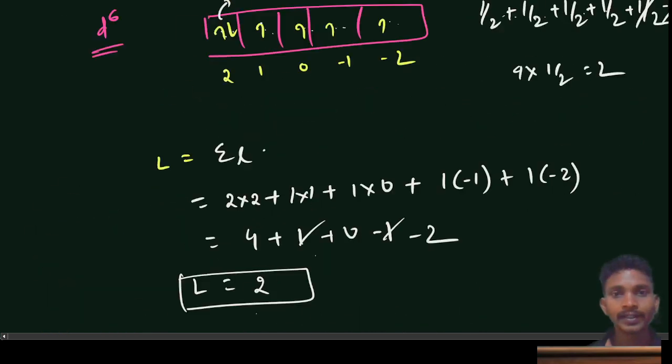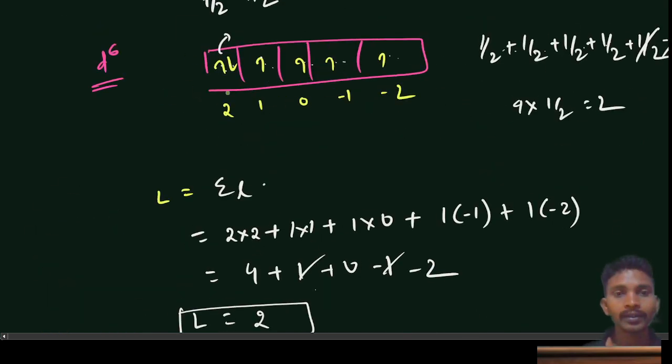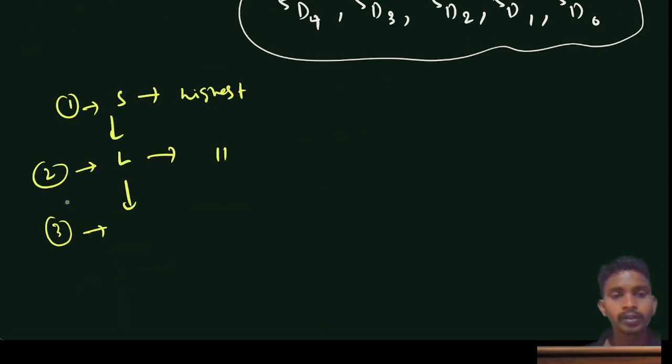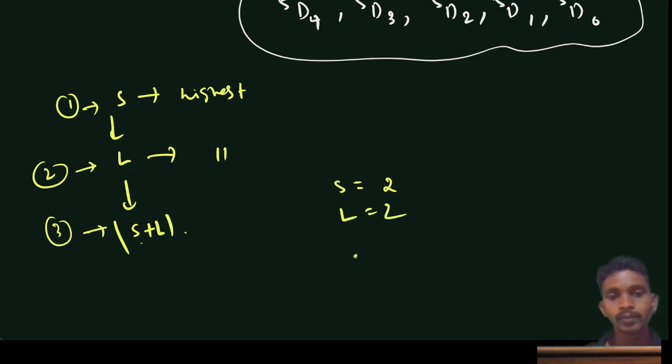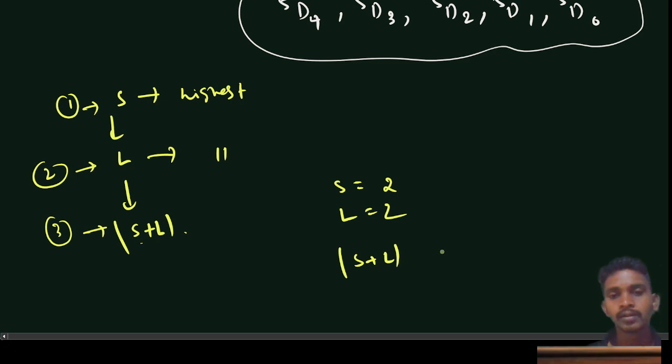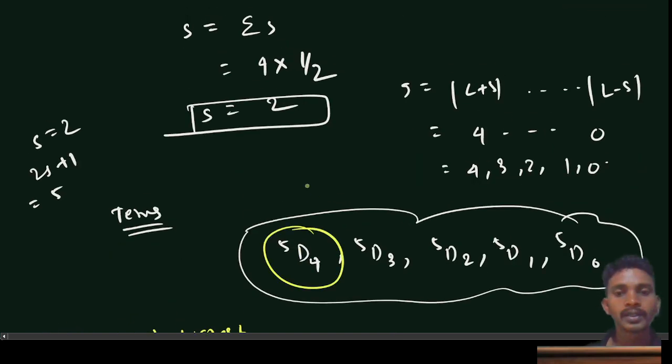For this case it is more than half-filled, so we will look for the S plus L value. S is 2 and L is 2, so S plus L, 2 plus 2, we get 4. So this value will be the ground state.